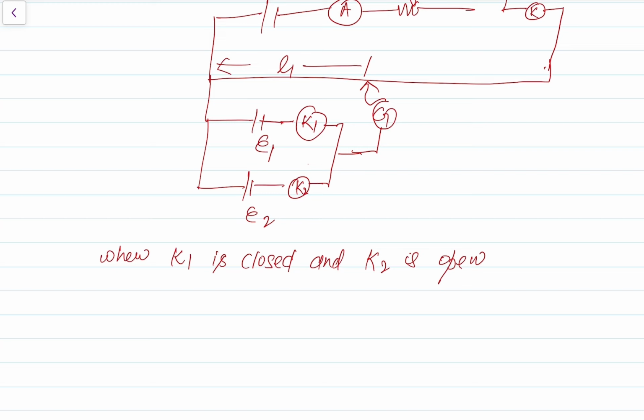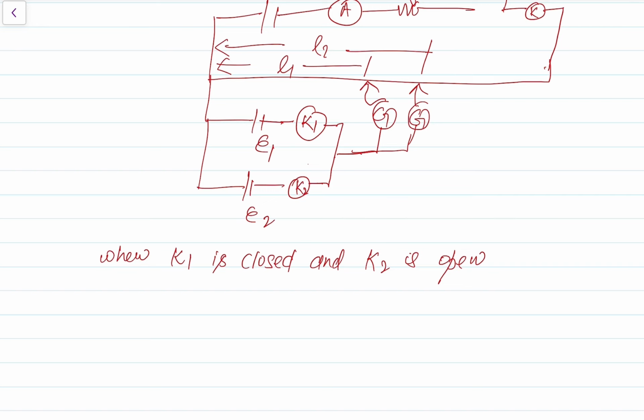Okay, now in other condition when K1 is open and K2 is closed, suppose null point is obtained at the length L2. Okay, so now we'll compare the EMF of those two cells.